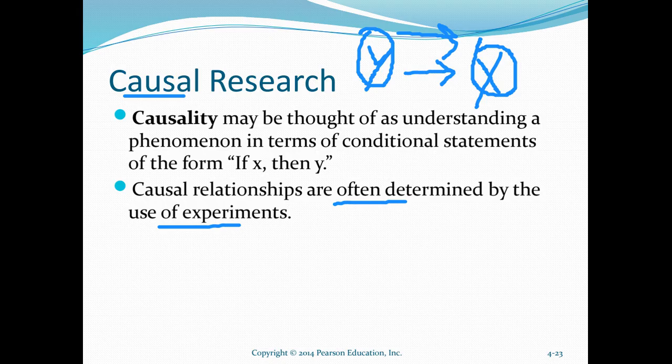You will try to see a change in one phenomenon and how it affects the other. For example, you see how a sales promotion affects the sales of that particular brand.